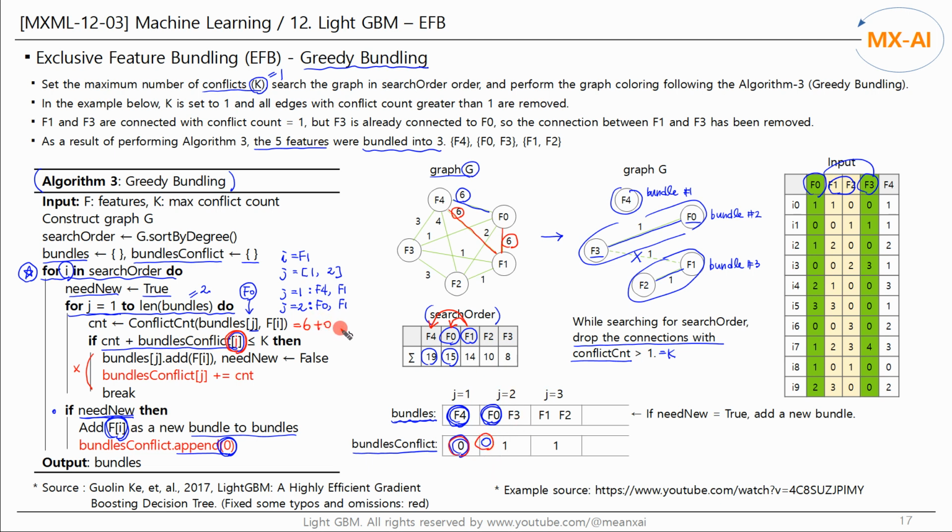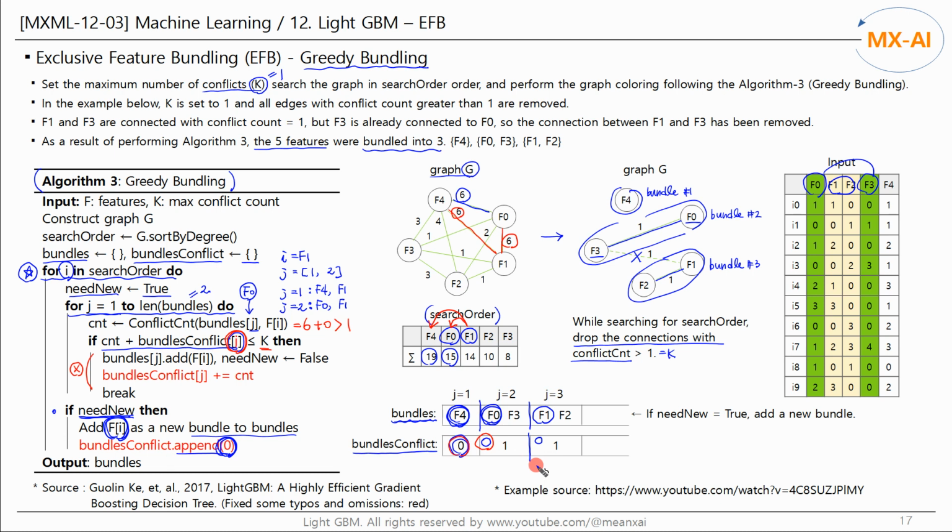This is also larger than k, so these steps are skipped. And since the need new variable is still true, we add F1, which is Fi, to the bundles list. Add 0 to the bundle's conflict list.